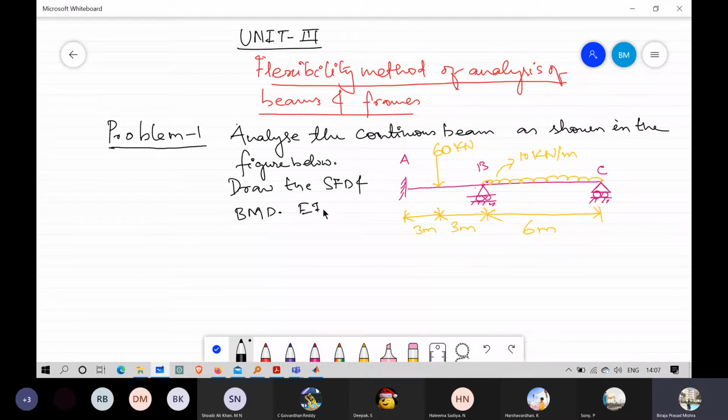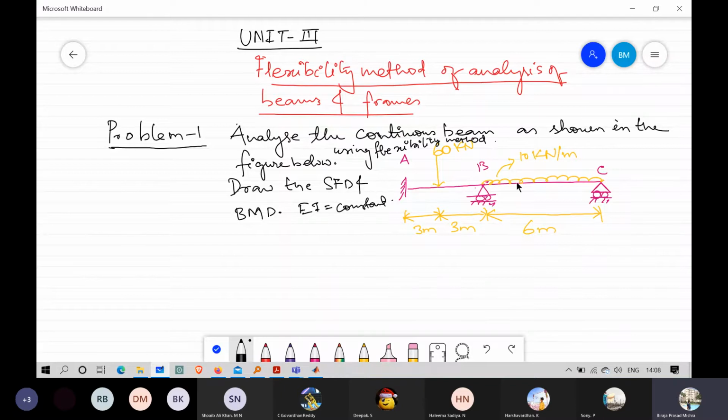EI equals constant. Using the flexibility method, this we will try to solve using the flexibility method.